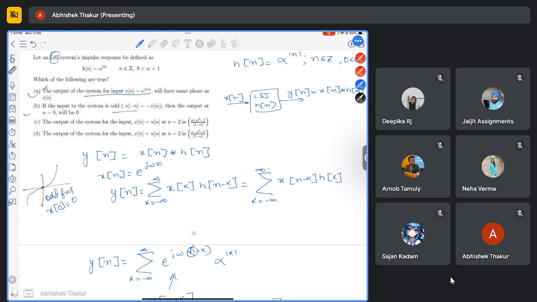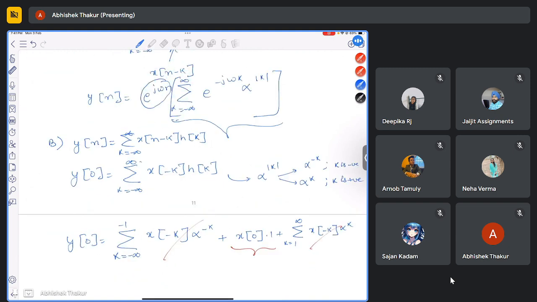So the answer is x of 0, so option B is also correct. Now for option D, we can substitute the value n is equal to 2 and we will find that option D will also be correct. You can just substitute the value in this summation.